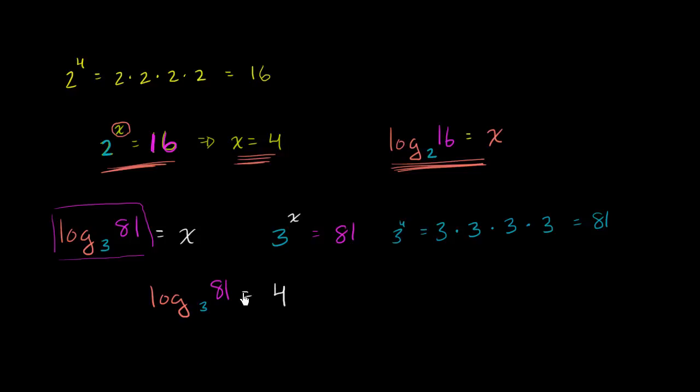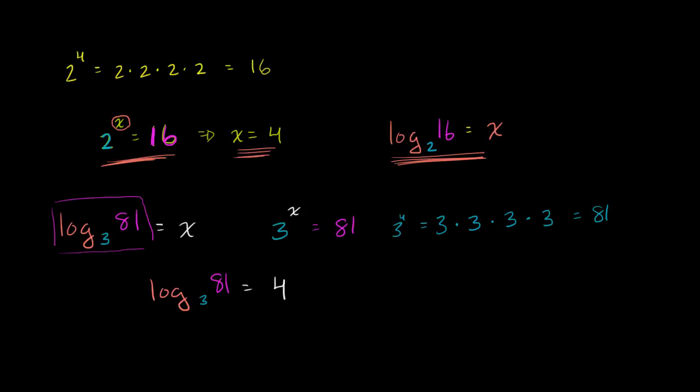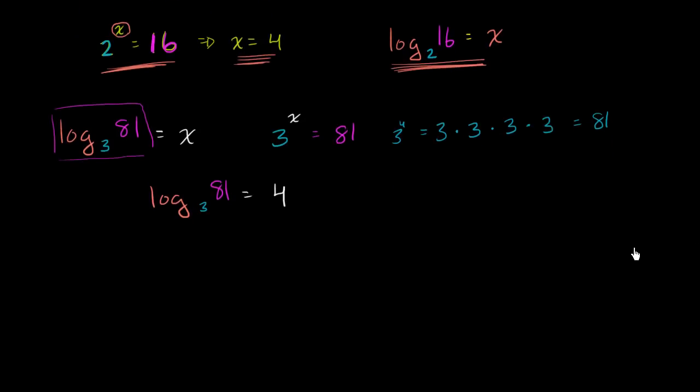Let's do several more of these examples, and I really encourage you to give a shot on your own now, and you'll hopefully get the hang of it. So let's try a little larger number. Let's say we want to take log base 6 of 216. What will this evaluate to? Well, we're asking ourselves, what power do we have to raise 6 to get to 216? 6 to the 1st power is 6. 6 to the 2nd power is 36. 36 times 6 is 216.